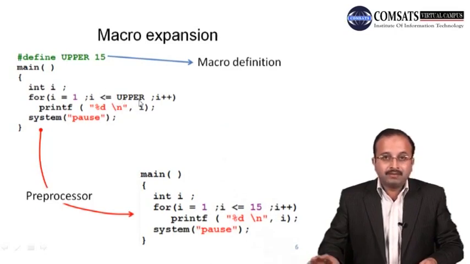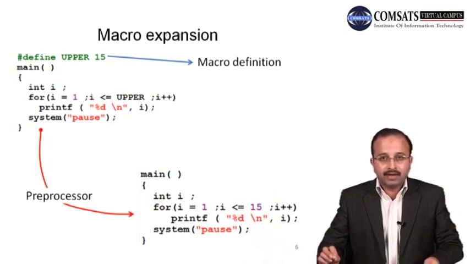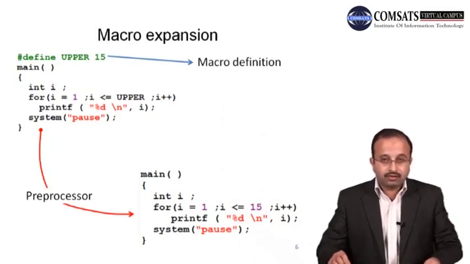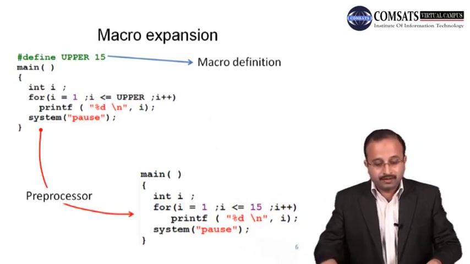For example, in the previous slide, upper can be a variable name as well, but usually it is a convention that you write the macro name in upper case letters, and you write the variable name in small letters. But this is not a hard and fast rule. You can write a macro with a lowercase letter, and you can write a variable name with an uppercase letter.